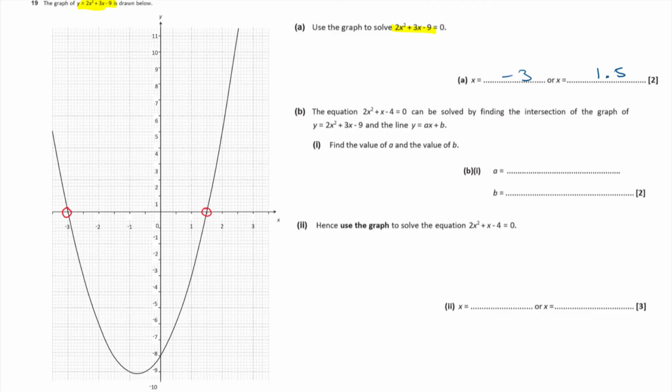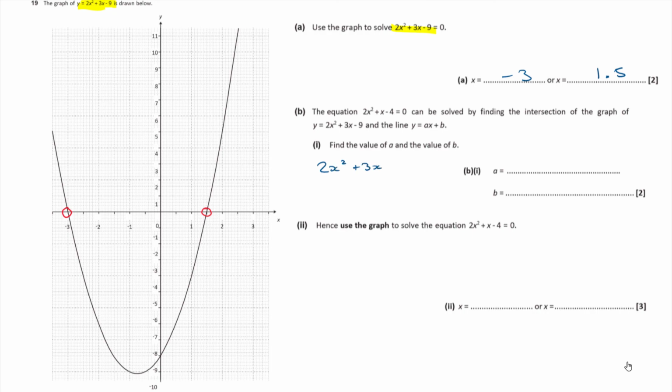And then the one on the right looks like 1.5 to me. 1.5. Now, the equation 2x squared plus x minus 4 can be solved by finding the intersection of the graph y equals 2x squared plus 3x minus 9 and the line y equals ax plus b. Find the value of a and the value of b. I can simply do that by subtracting one equation from the other.